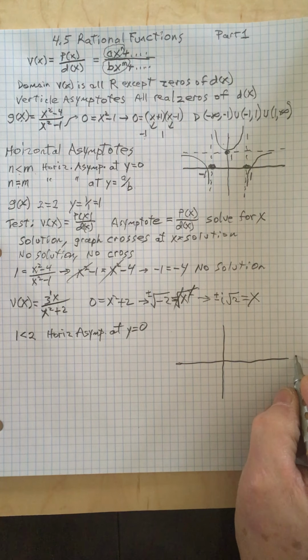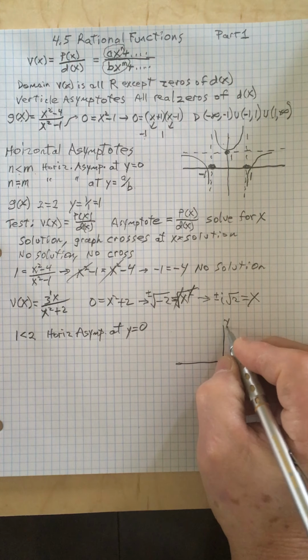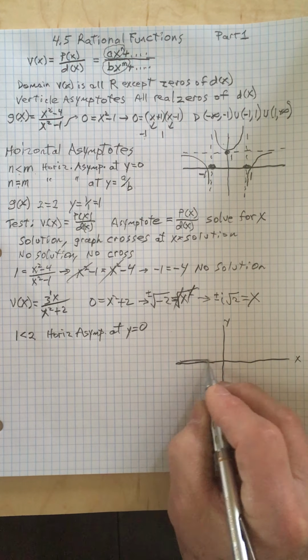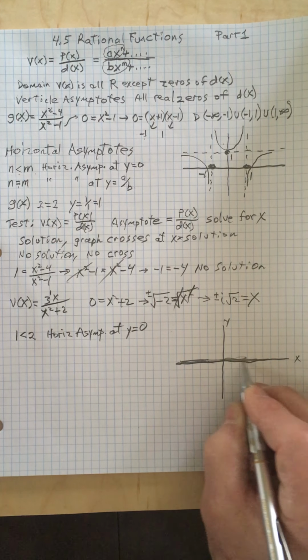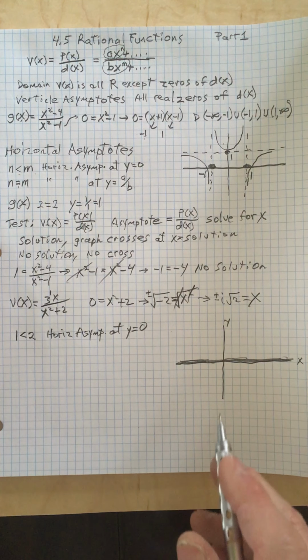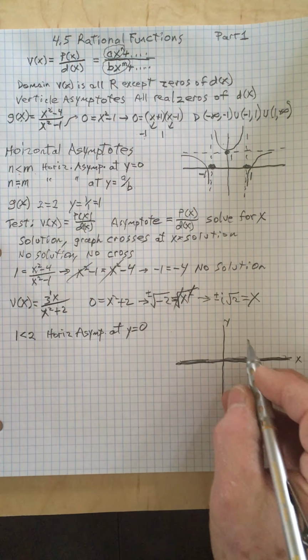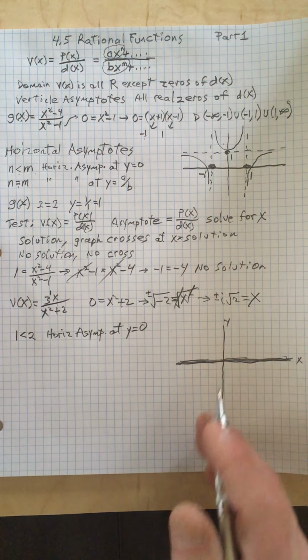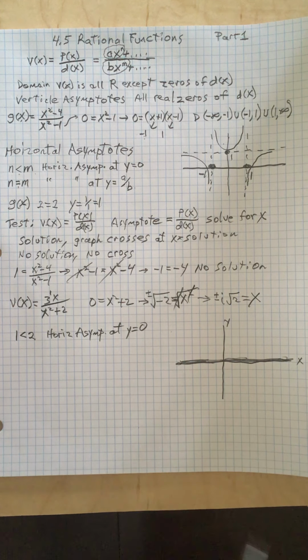So here are our axes. That's actually also an asymptote, so maybe we could just make it a little darker. Okay, question is, our function will get closer and closer to this wherever it is, but can it cross it? Well, we need to do the test.